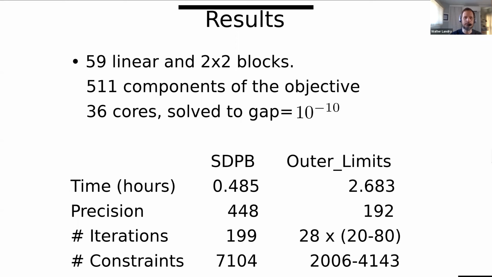Outer limits takes about 5 times longer, which is not great. It uses less precision, which is great. It uses a lot of iterations and much fewer constraints. I feel like maybe I could make it work better, but it's certainly not better now, and it kind of depends on what you're trying to get out of it.